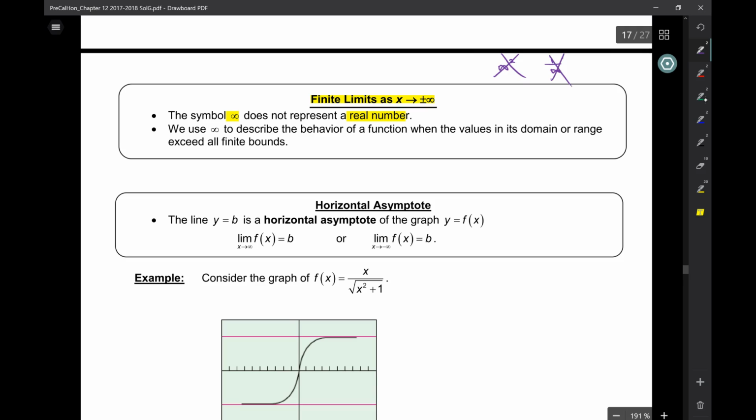Never. We could say 1 over x as x approaches infinity, but never explicitly plug in 1 over infinity. Don't ever let anybody see you do that. Anybody who's grading any part of anything that you've written, don't let them see that. So we use infinity to describe the behavior of a function when the values in its domain or range exceed all finite values.